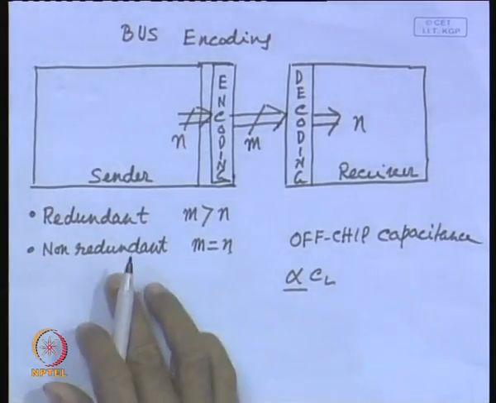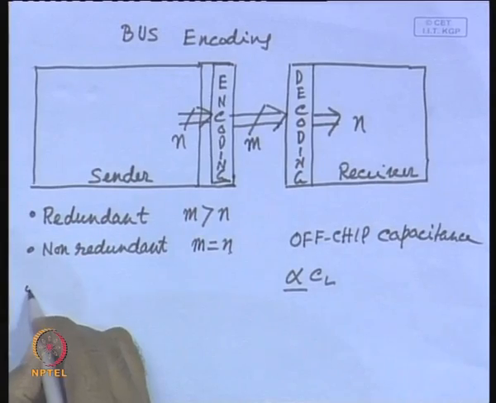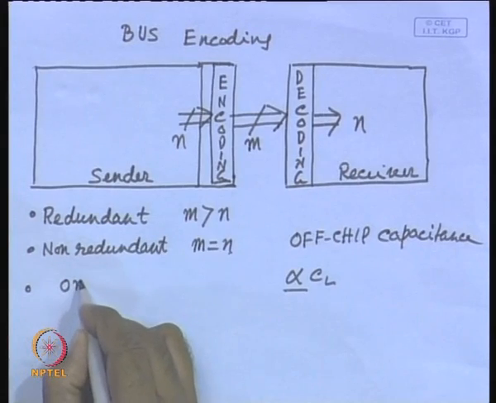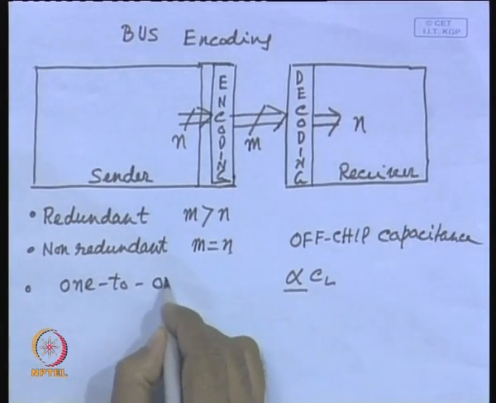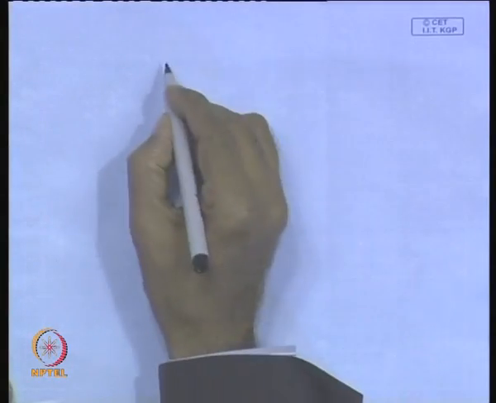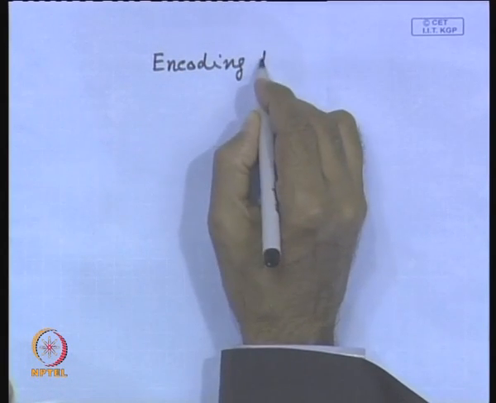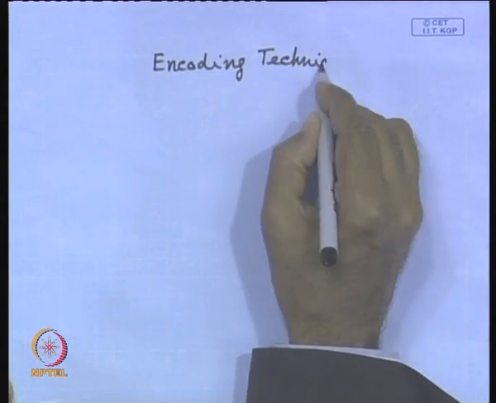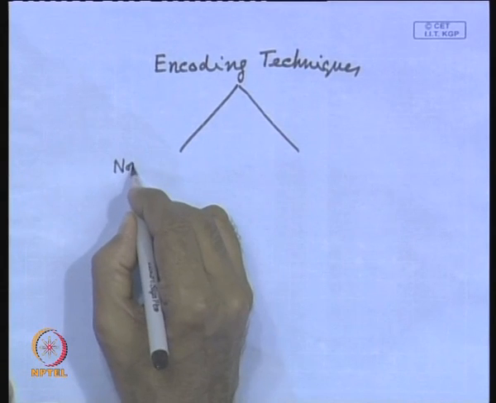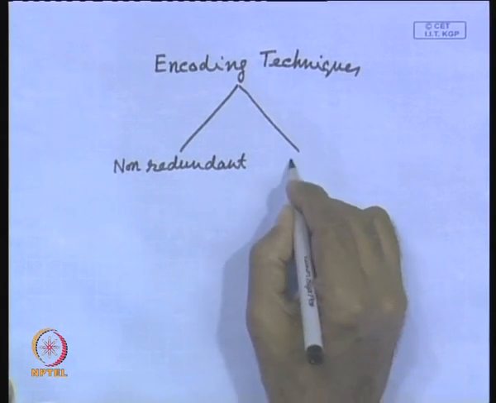Now, in addition to this categorization, another possibility is that you can have different types of mapping, say 1-to-1 mapping. Let me do the categorization, say encoding techniques. So, you have two broad categories, number one is non-redundant, another is redundant.